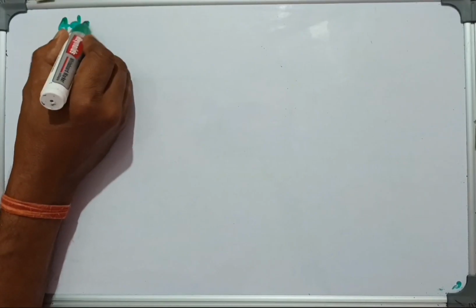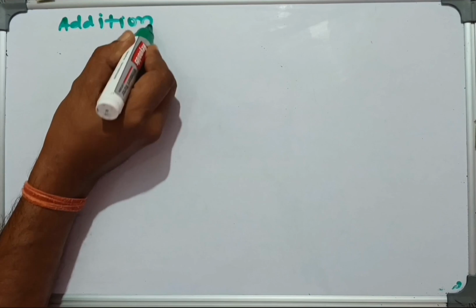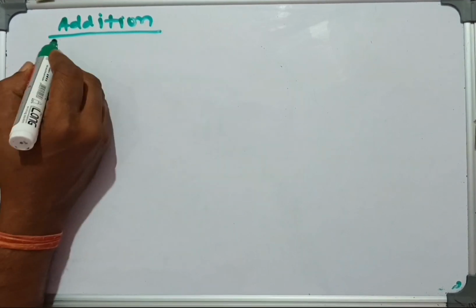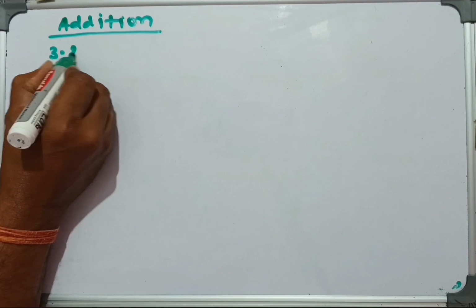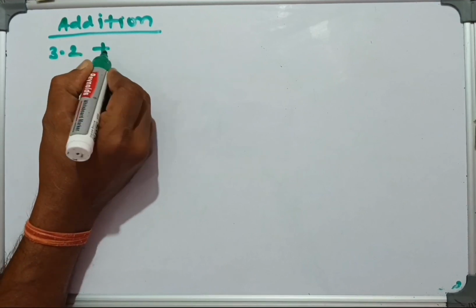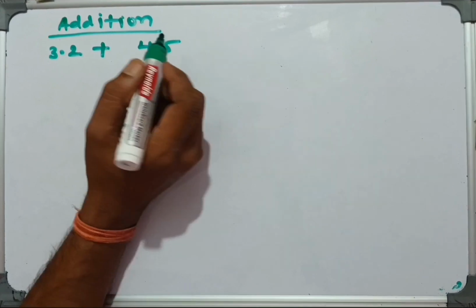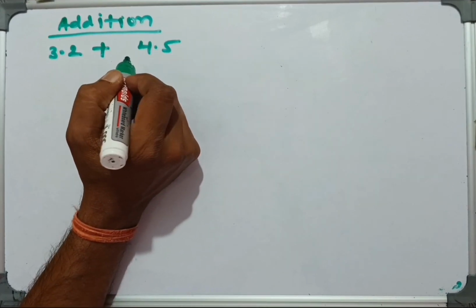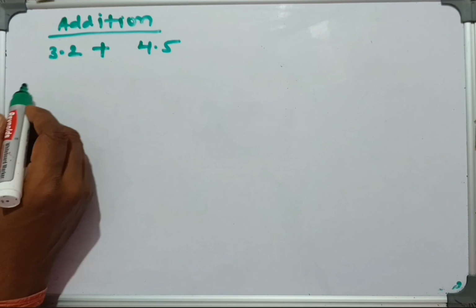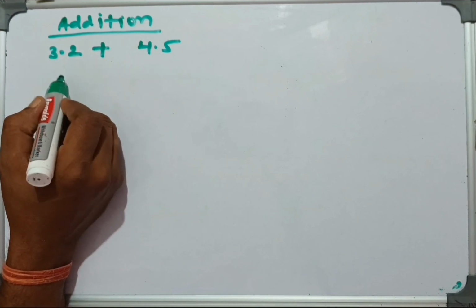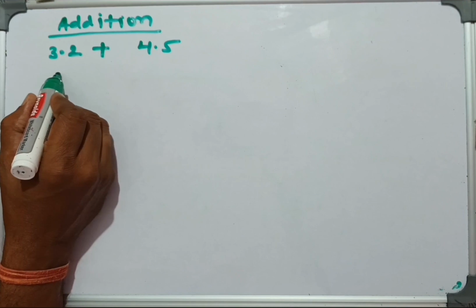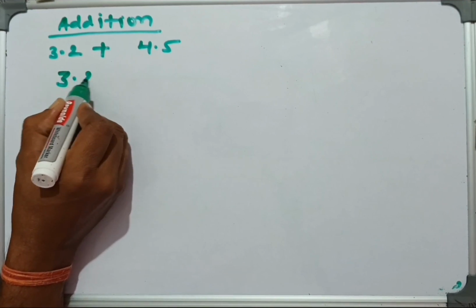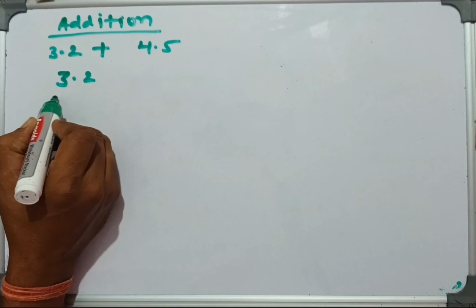Now we start with addition of decimal numbers. First we see addition here. Somebody has given you 3.2 plus 4.5. How could you make the addition of decimal numbers? You have to line up all the digits like this.